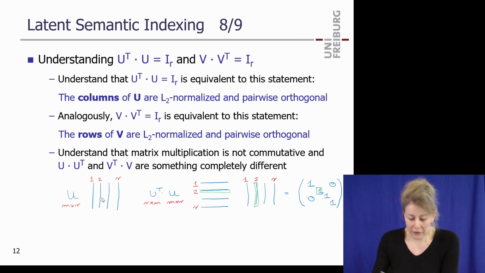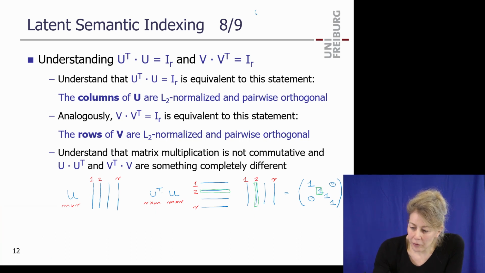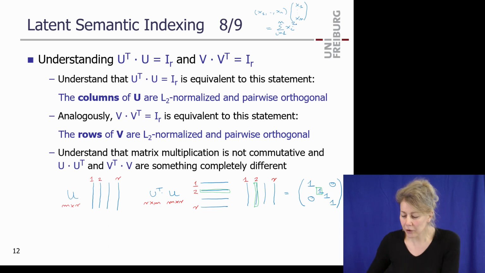If I have a vector x1 to xn and multiply it with itself, I get a scalar, and that scalar is just the sum of the squares. And this is 1 according to this equation, which means the L2 norm of this vector is 1.